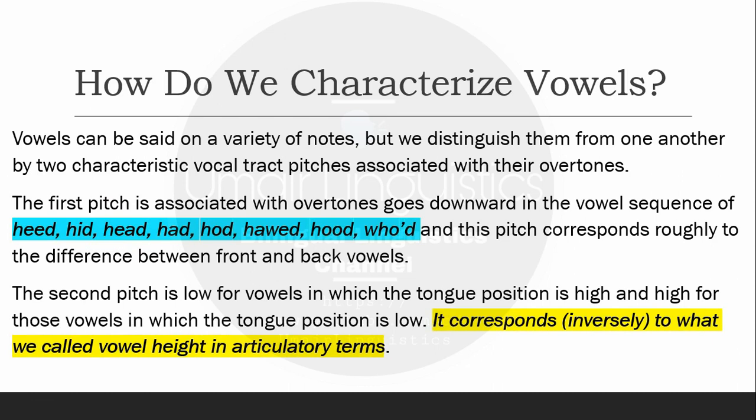In all those vowels in which the tongue position is high, the second pitch will be low, and for all those vowels in which the tongue position is low, the second pitch will be high. So it corresponds inversely to what we call tongue height in articulatory terms. So the higher the vowel, the lower the second pitch.